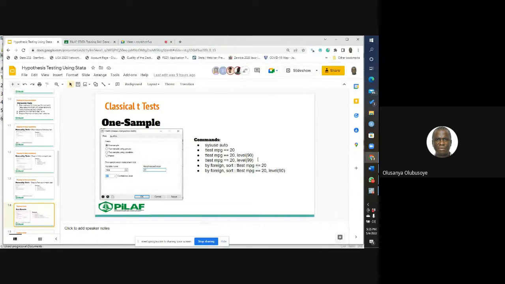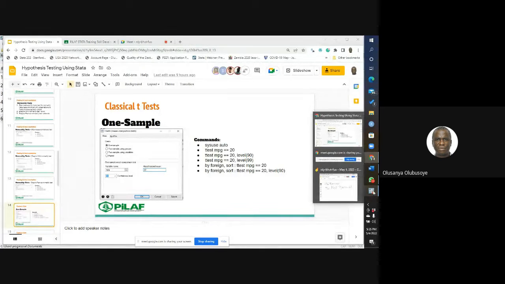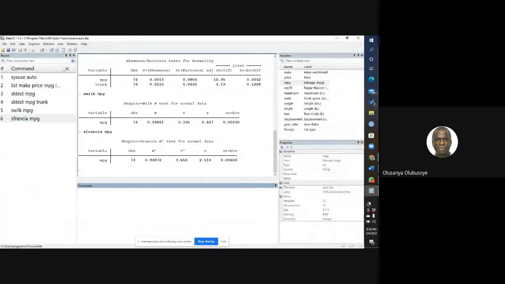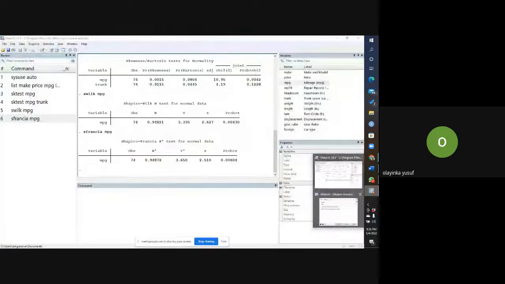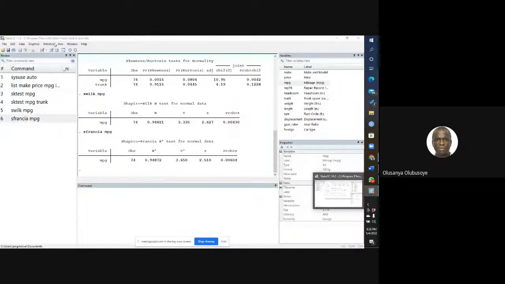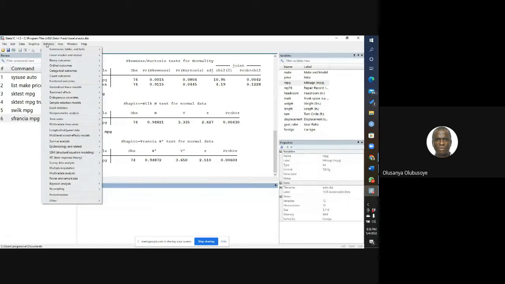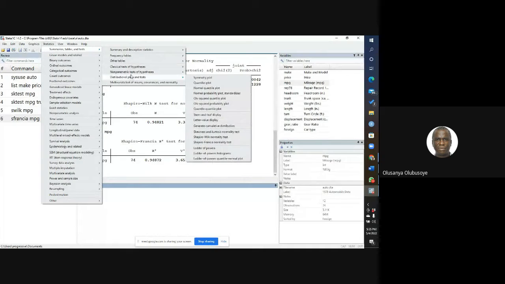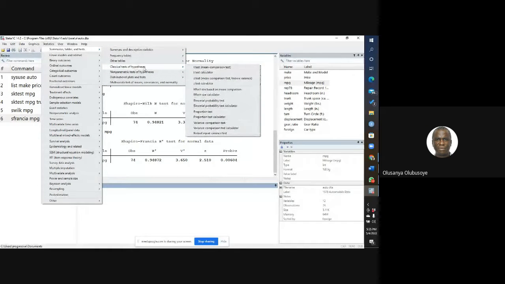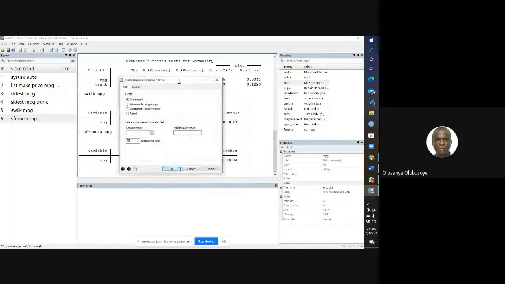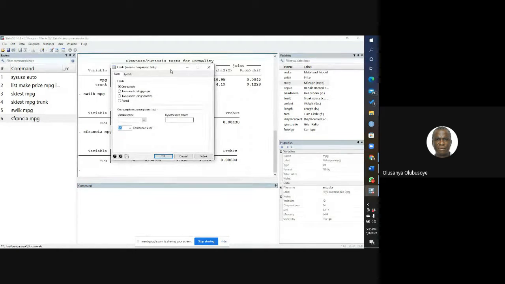So here is where we are, and let me now take you to where you go to the Statistics menu, and then you go to Classical tests of hypothesis. Like I said, this is where we are, and this is the dialog box for the t-test.